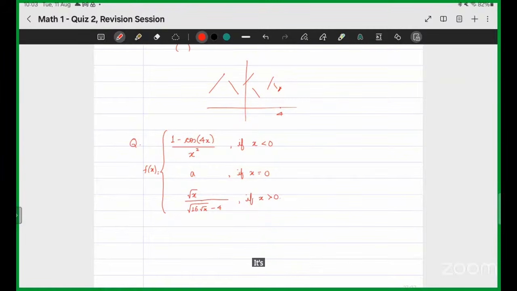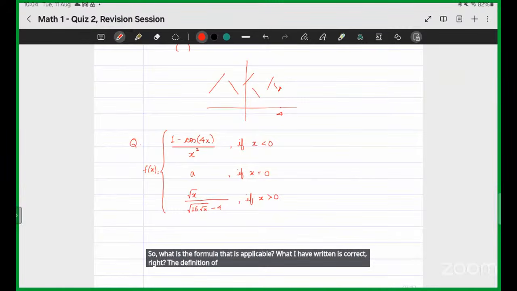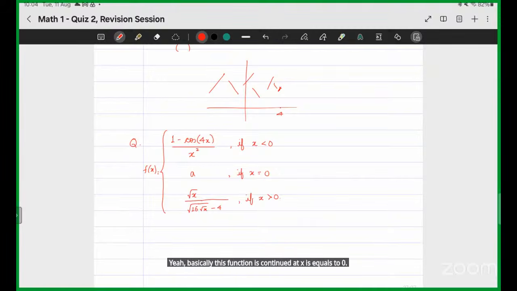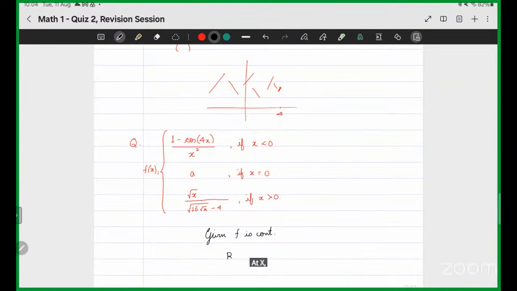It is given that the function is continuous, and we have to find the value of a. The necessary condition is RHL is equal to LHL, and it is equal to the function value at 0.